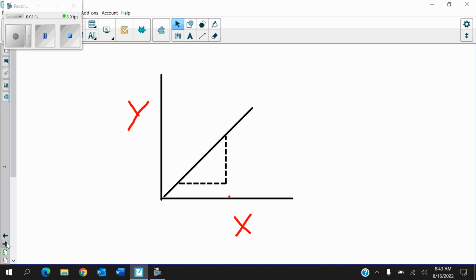Everything I see is plugged in. Everything's plugged in, it's all good.